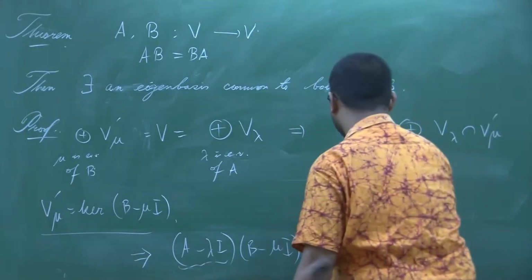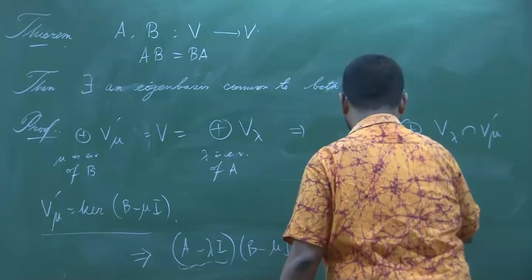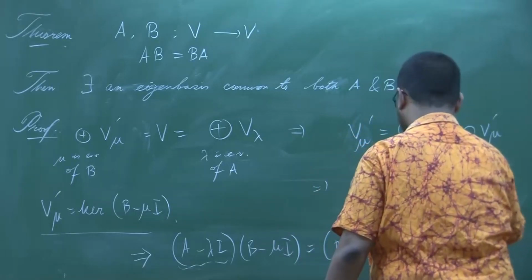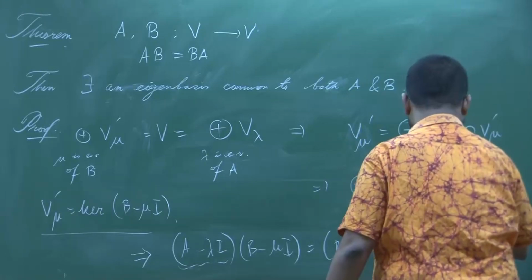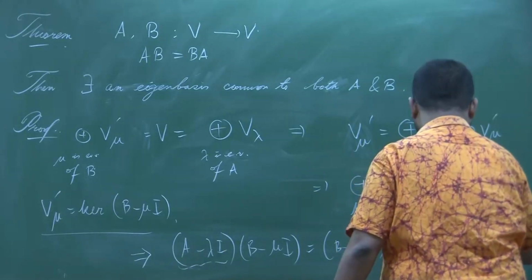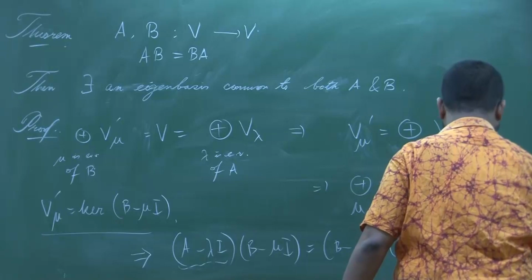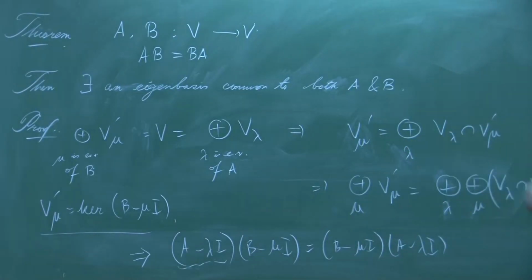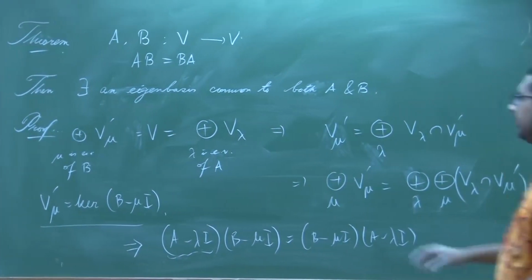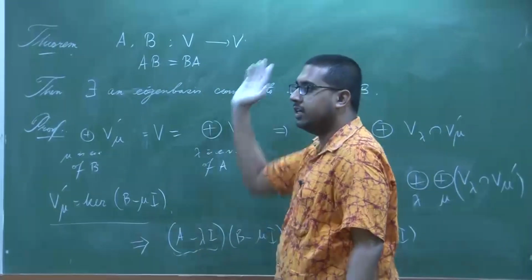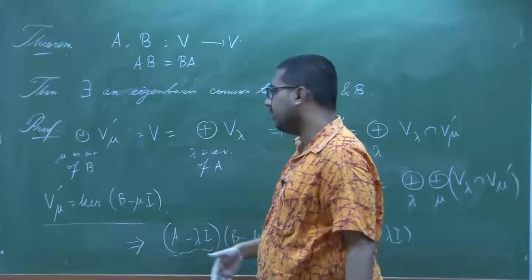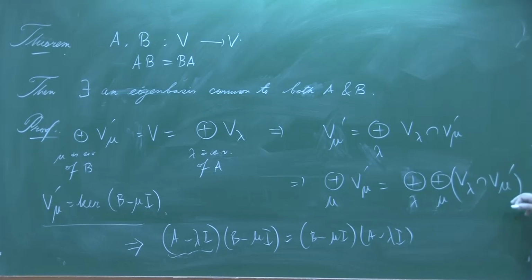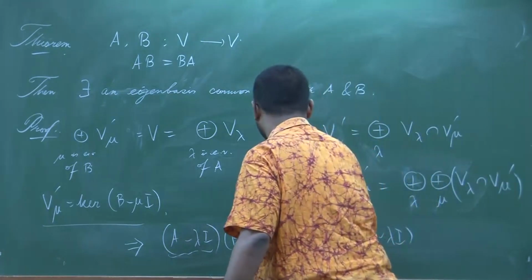And therefore, it shows the following. It is a huge decomposition; earlier this was the decomposition, and we have further decomposed each V_lambda like this. So, this is what we have, and of course, this has to be V.